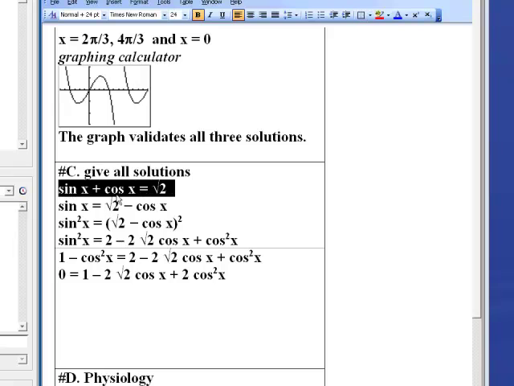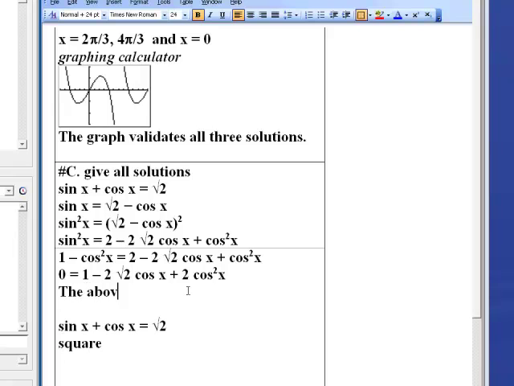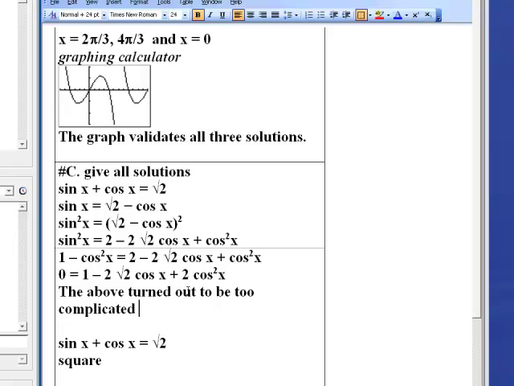Watch this. I take the original one, and I square the original one. So here I'm going to say the above turned out to be too complicated at this point, trying to get rid of the square root there.